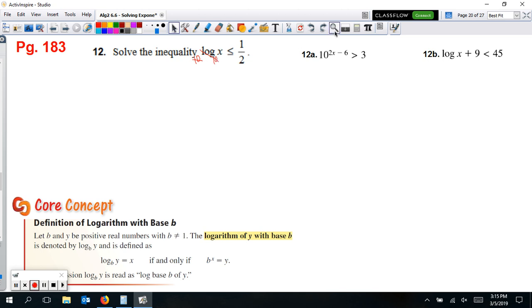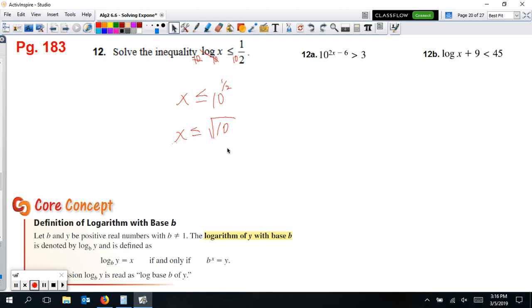I freed my x, and we do the same thing to the other side. Give it a base 10, so 10 to the 1/2 power. So now I have x is less than or equal to 10 to the 1/2 power, and we just need to remember that 1/2 power is the same thing as the square root of that number. So it's just x is less than or equal to the square root of 10.